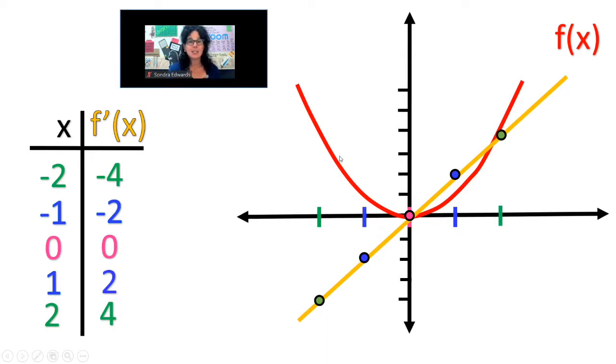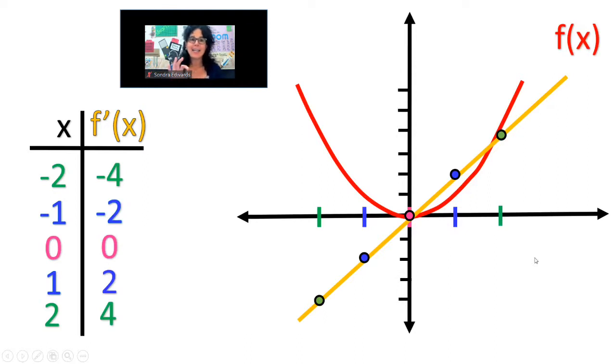Because if we're decreasing, the slopes are negative, so the answers to the first derivative are negative. And then after 0, we were going uphill, we were increasing, so the slopes of the tangents will be positive, so the points for f prime of x will be graphed above the x-axis.